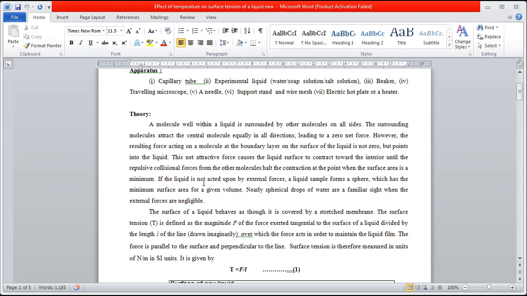So if the liquid is not acted upon by external forces, a liquid sample generally forms a sphere, which has the minimum surface area for a given volume. Nearly spherical drops of water are an ephemeral sight when the external forces are negligible.